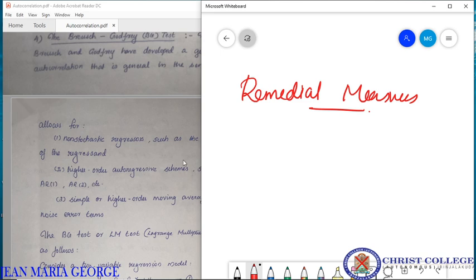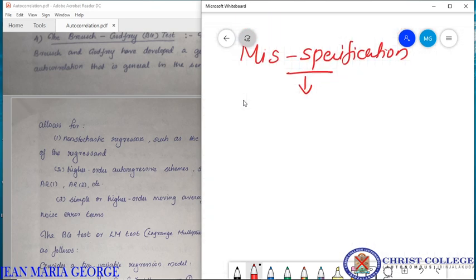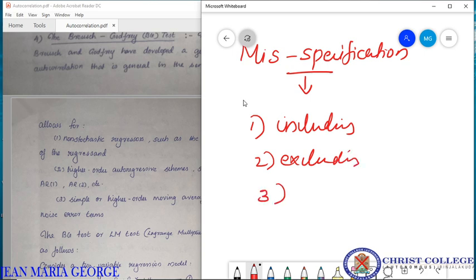If autocorrelation is due to misspecification of the model, so the model is not correctly specified, then we can solve the problem by three methods: either including the omitted variable, or excluding the unwanted variable, or improving the accuracy of data.